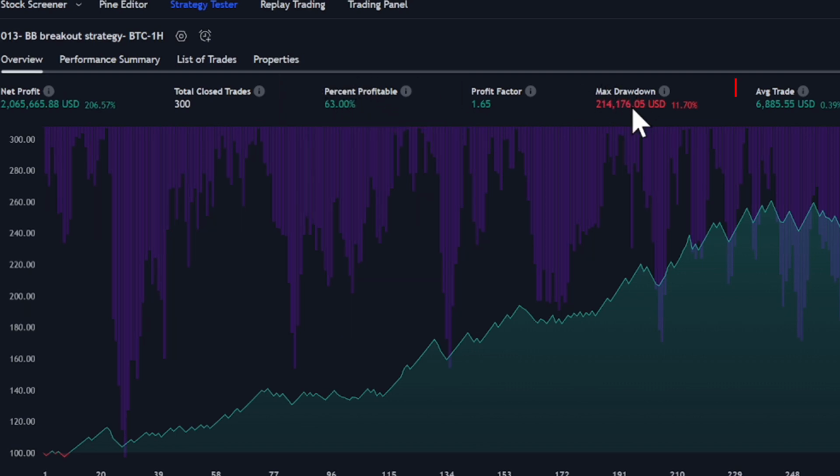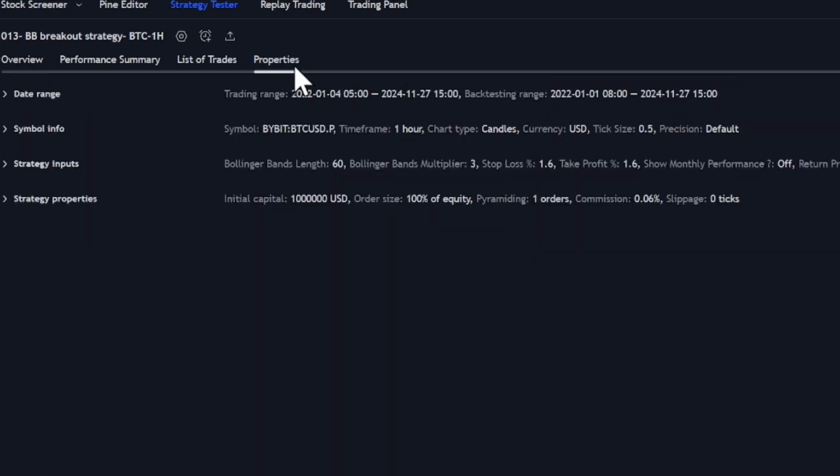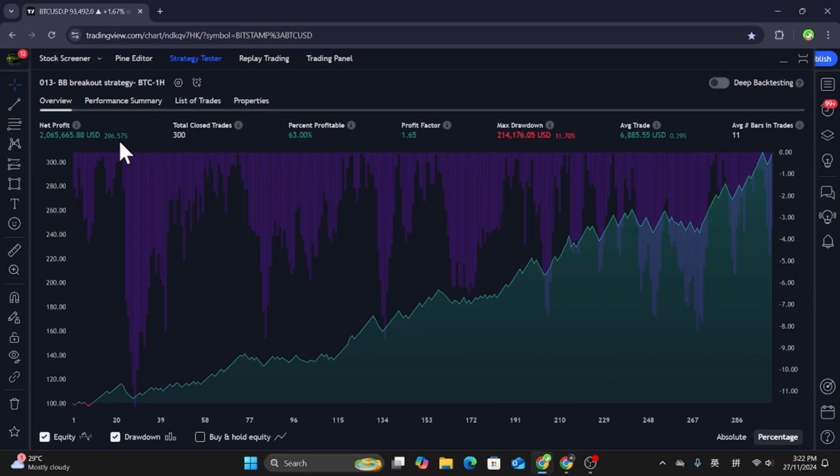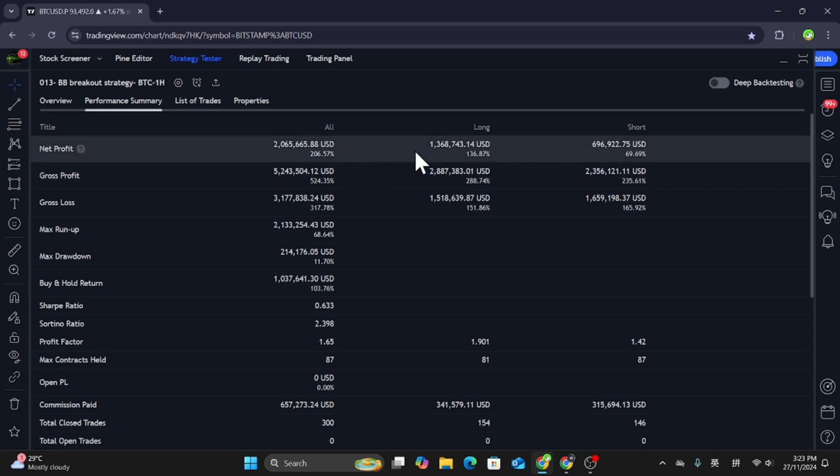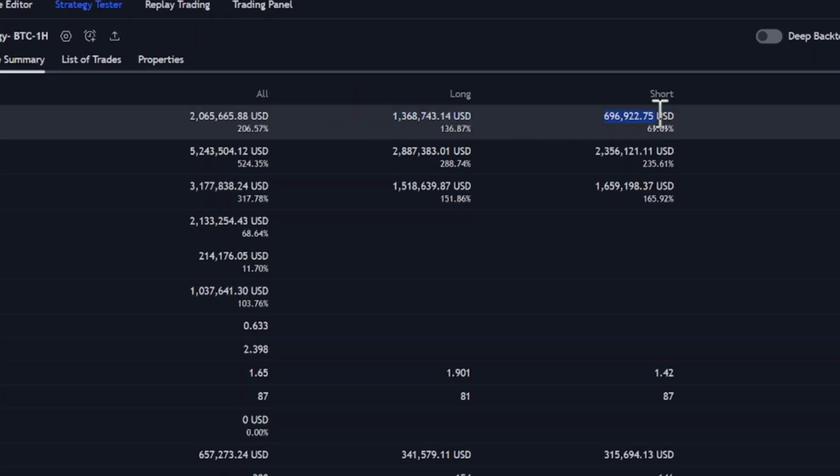The max drawdown is 11%, which is very impressive for a trading strategy. The trading range is from 2022 to 2024, so in around 2 years' time you can earn about 200%, which is very good. And here are the performance metrics. You can see that both long and short earn, at 163%, 136% and 69%.